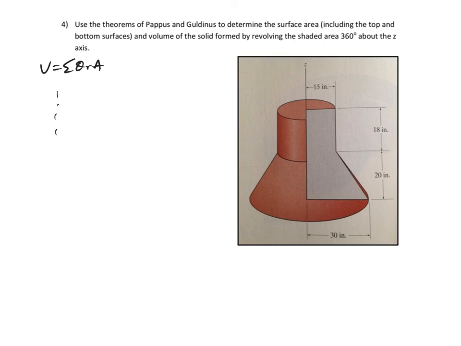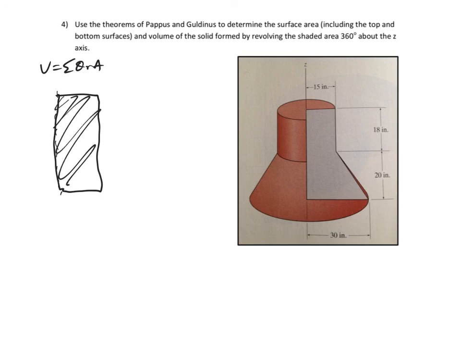I would say here's my rotating axis. I would say that the volume is created by this rectangle and this triangle. I would say that those two things create the volume.